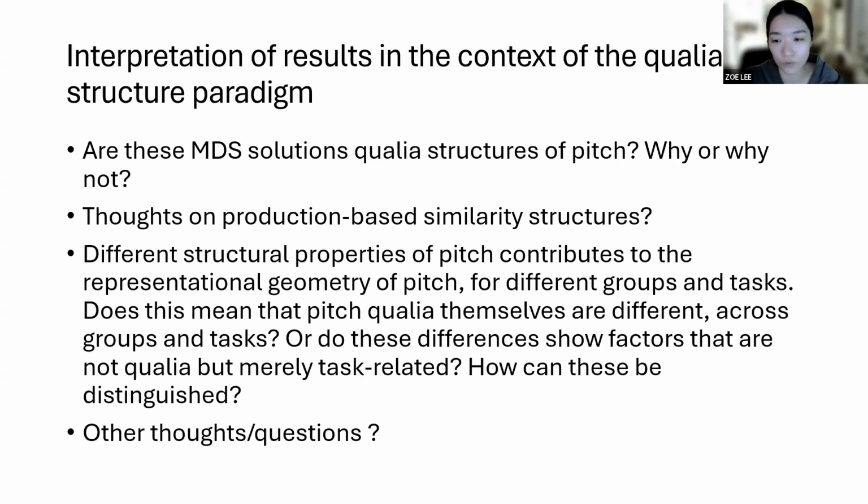Or do you think these differences show factors that are not qualia themselves, but just task related? And if they are different, how could these be distinguished either empirically or analytically, or maybe they're just too entangled? Yeah, so those were my starting discussion questions, and other thoughts or questions can also be discussed.